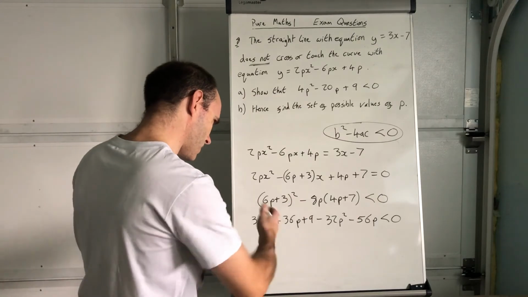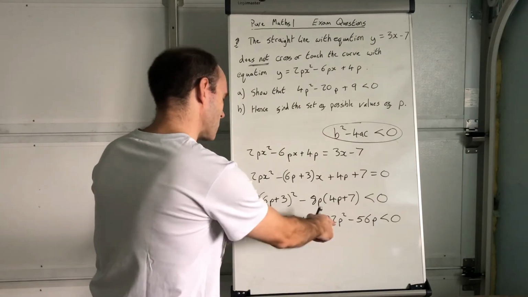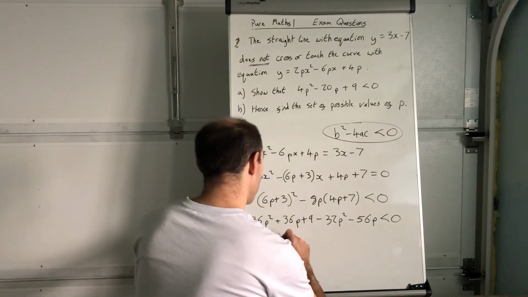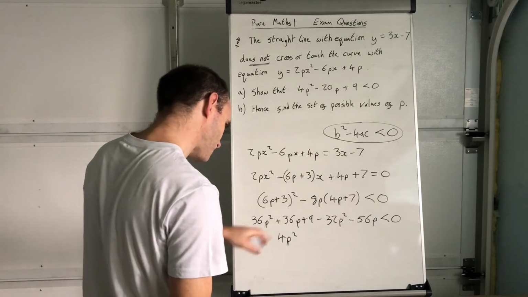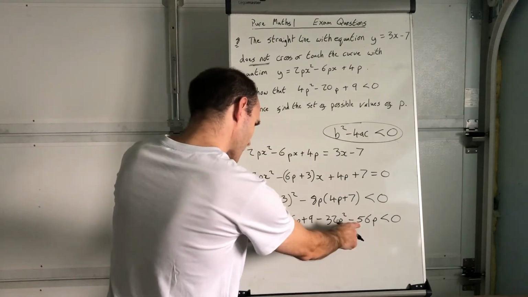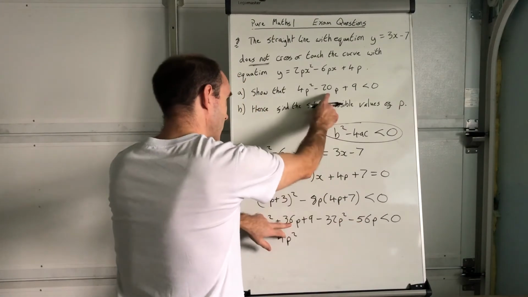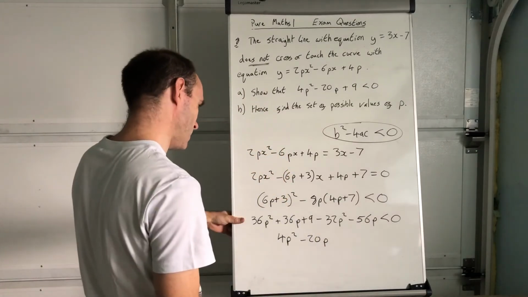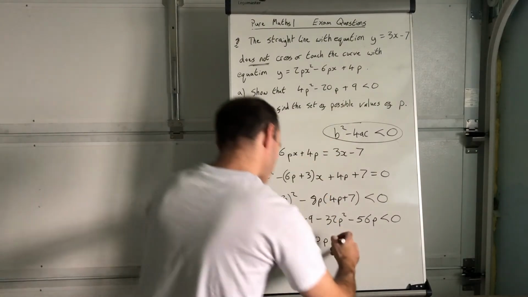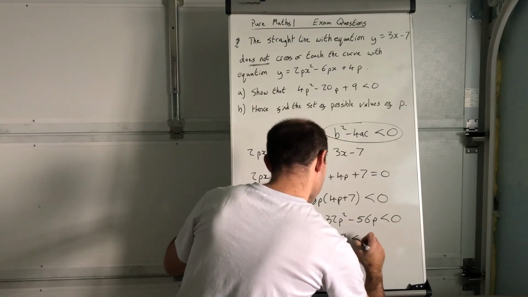So simplify this a bit, so 36p subtract 32p, so that's 4p squared, which is great because it's that, and then 36 subtract 56 is negative 20, again it's great because it's that, so subtract 20p, and then we've got a 9 somewhere, yes, plus 9 is less than 0.